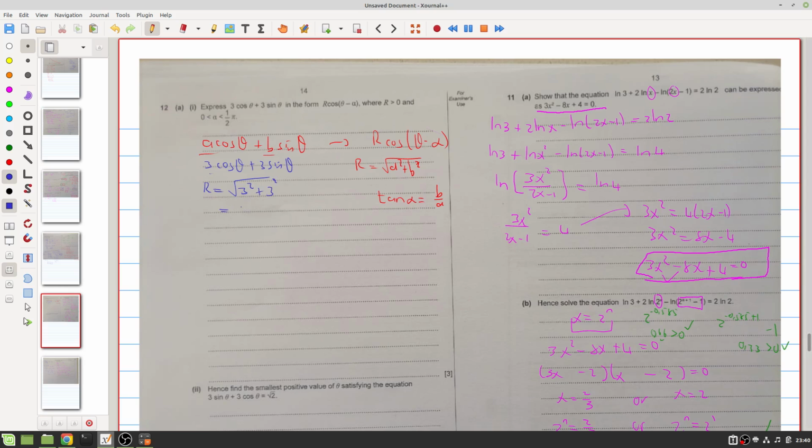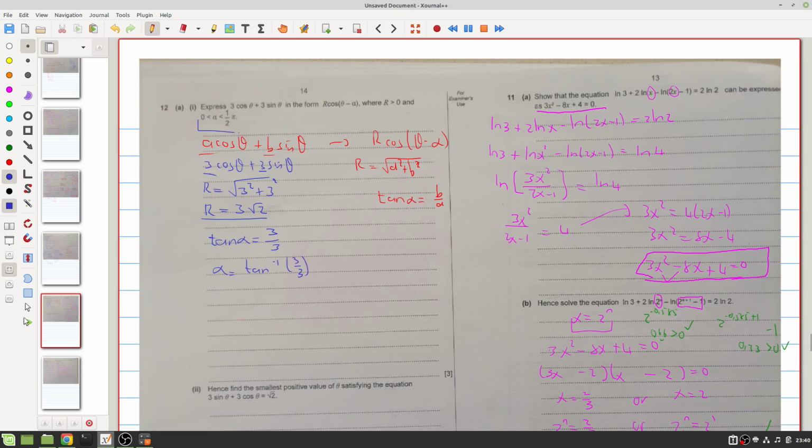That simplifies to square root 18, which I believe simplifies to 3 square root 2. So there's our r. And tan alpha is equal to b divided by a, so alpha is arctan of 3 over 3.